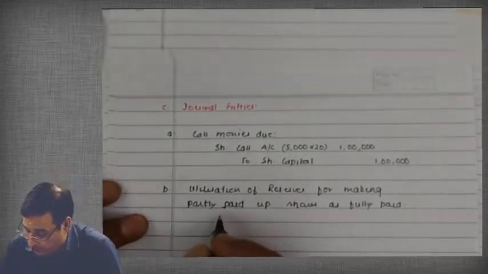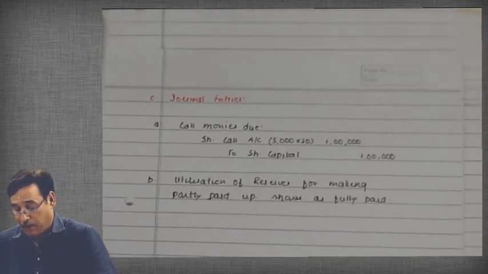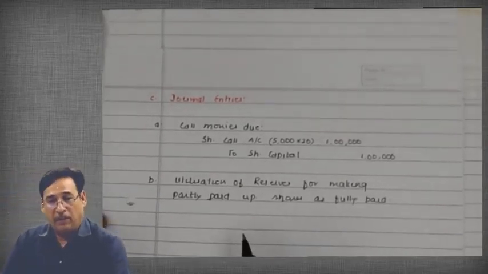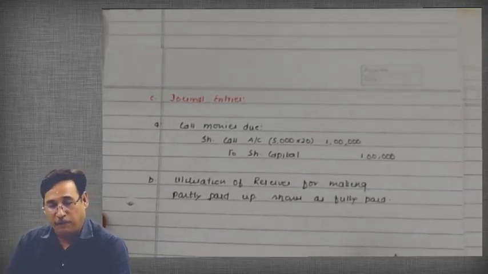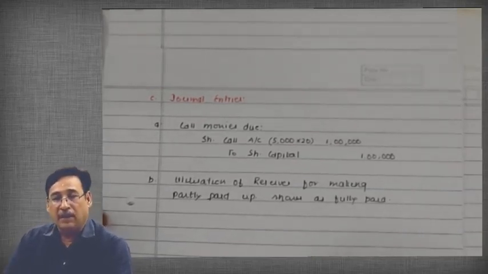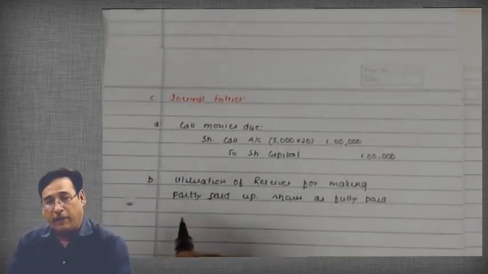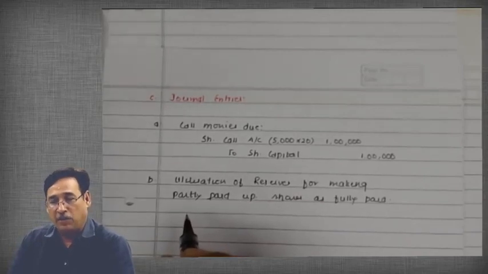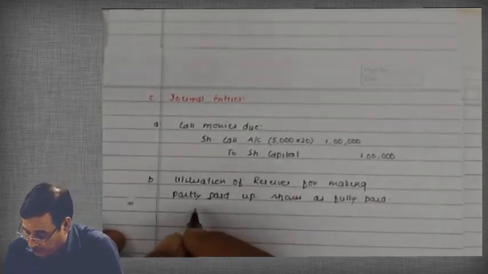My entry will be, we know that when the company decides to make the partly paid up shares fully paid without charging anything from such shareholders, then in that case, we can use only and only revenue type of reserves. Now, there are two types of revenue reserves appearing in our balance sheet, general reserve and profit and loss account. Since profit and loss account has a higher figure, I am going to utilize that.